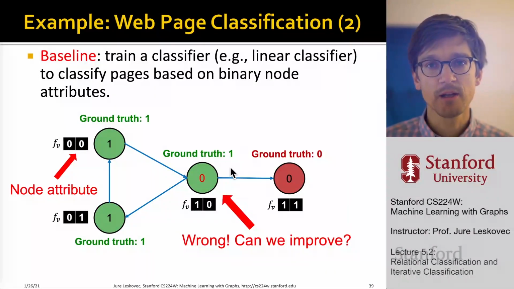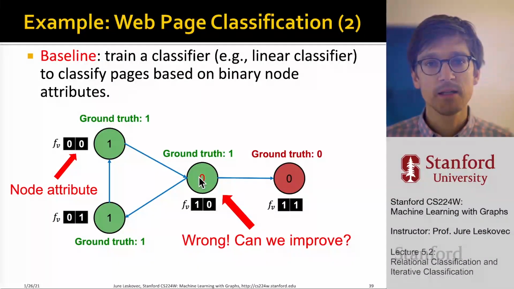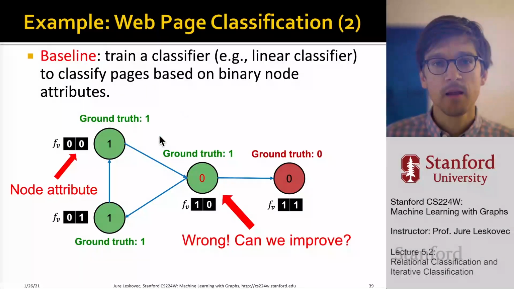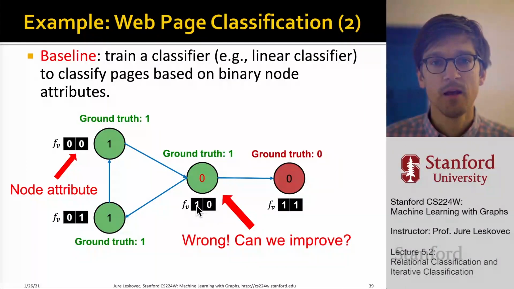Then, for example, based on the labeled data, we can apply our phi1, and phi1 will say this web page belongs to topic 0, and the ground truth is 0, so this is a correct classification. But for example, this web page here, based on its features alone, we will predict that it is of topic 0, but in reality it is of topic 1. And the question is, can network information help us decide that this should really be the green topic, not the red topic, as it is predicted based on the features alone?